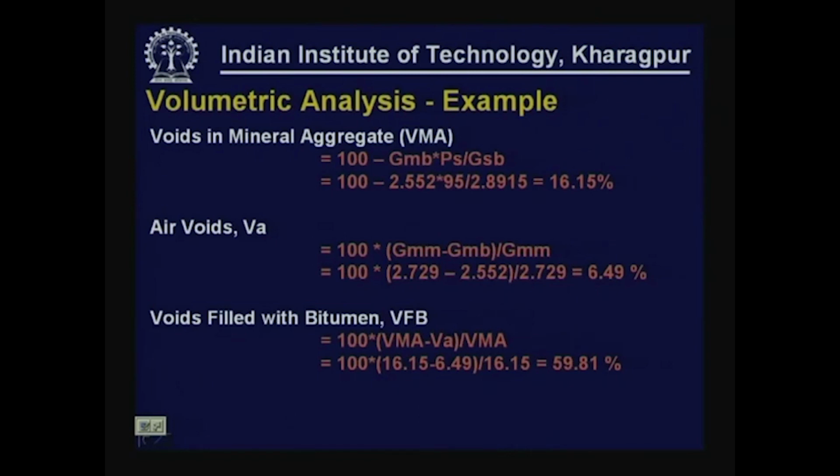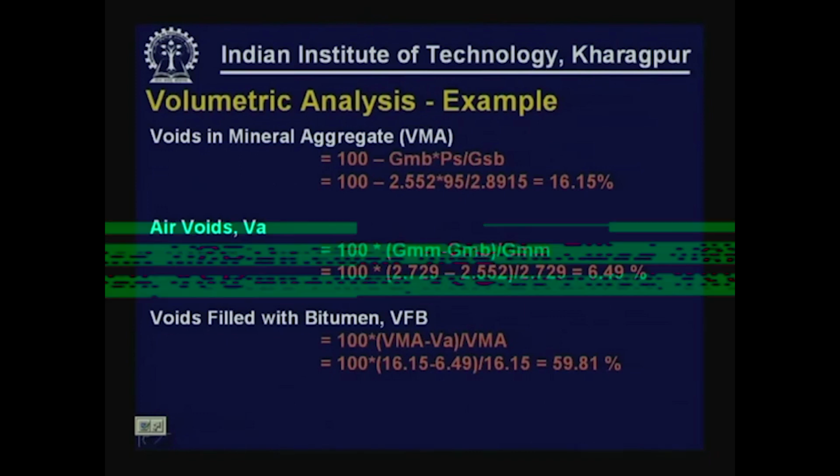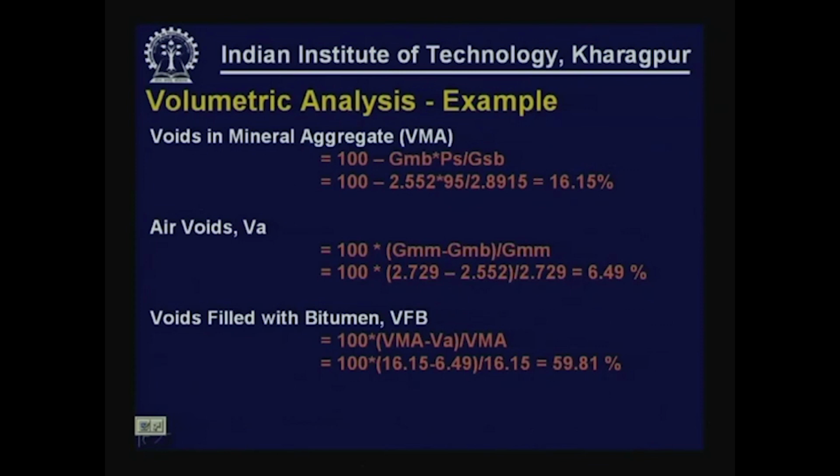So, air void content for this specimen worked out to be 6.49%. Voids filled with bitumen is nothing but total voids in mineral aggregate minus air voids, the rest is bitumen. So, VMA minus VA divided by VMA expressed as percentage. This works out to 59.81%.